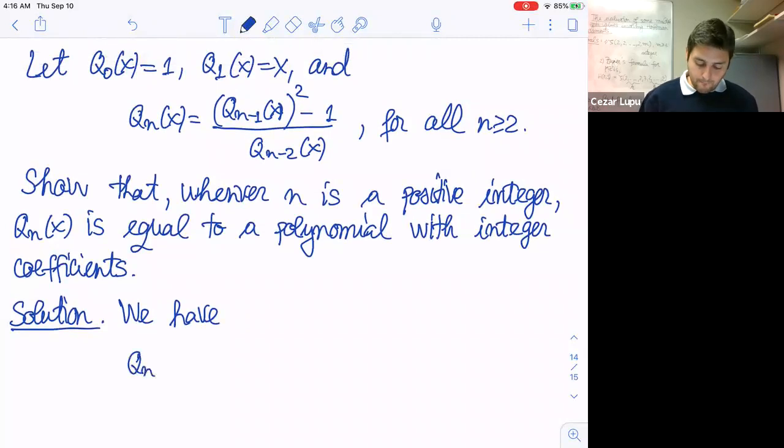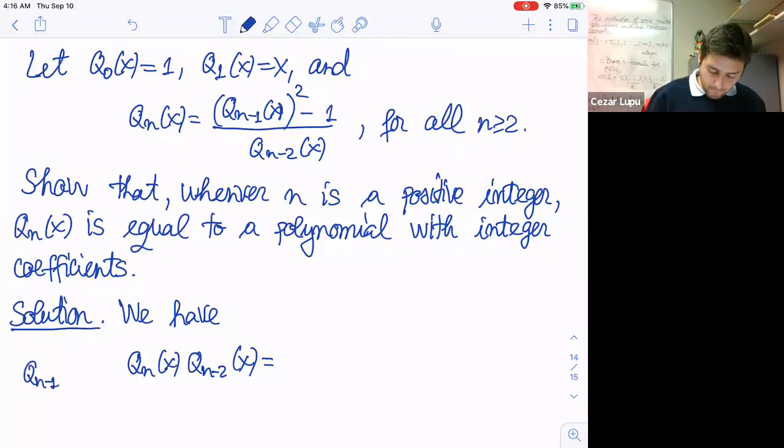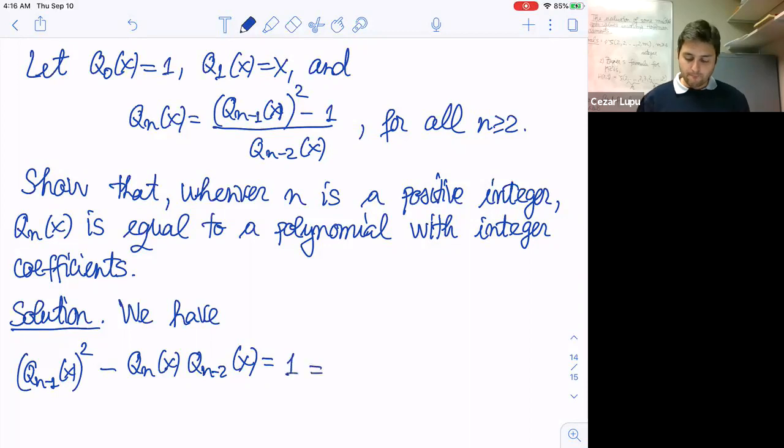Qn of x times Q(n minus 2) of x, in fact, let's write it this way: Q(n minus 1) of x squared minus Qn of x times Q(n minus 2) of x equals 1, right? It's trivial to see, even though it's 4 a.m. in the morning, but it's right.